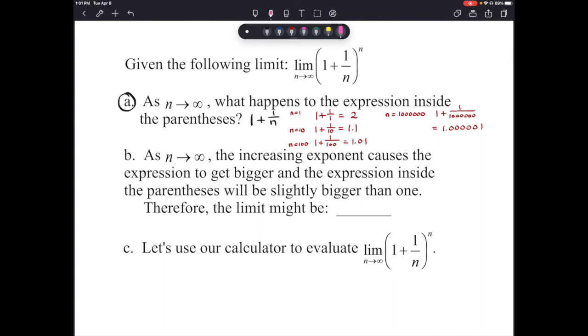So if you look at these values, as we start to increase n, these numbers that we're getting out are getting closer and closer to what number? Right?